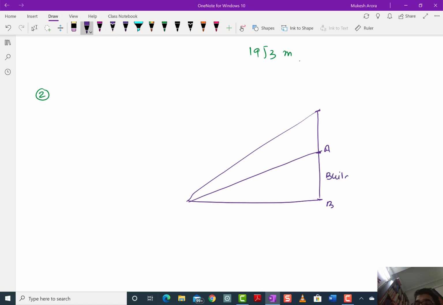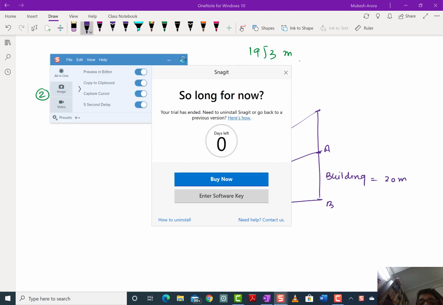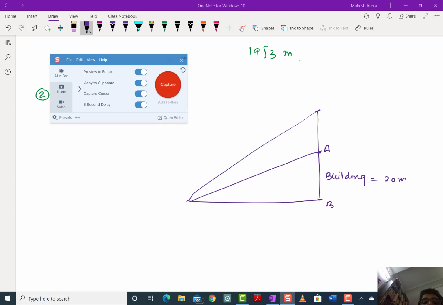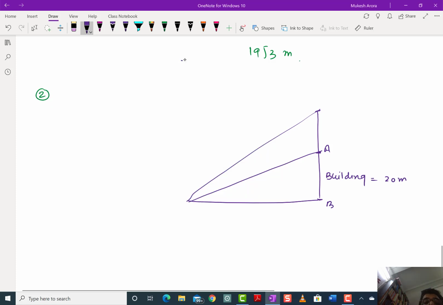This is the building which is 20 meter. This angle is 45 and this angle is 60. Find the height of the tower.